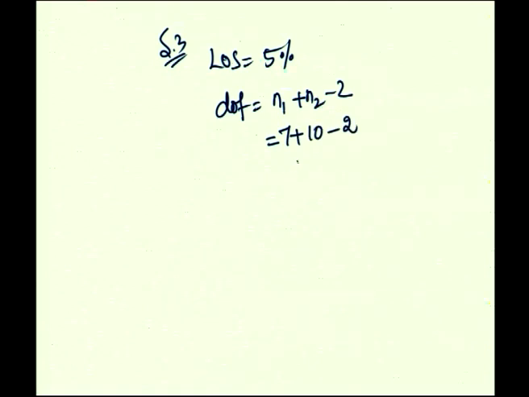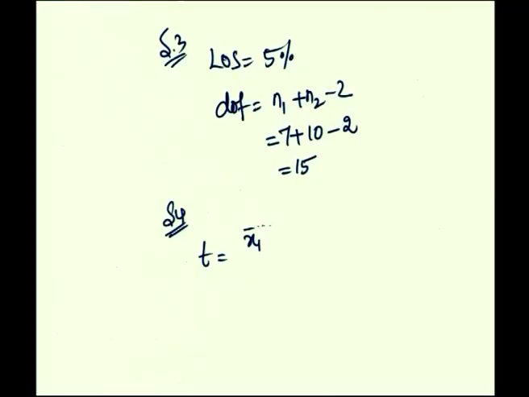So, n1 plus n2 minus 2 gives you 7 plus 10 minus 2, which is equal to 15 degrees of freedom. Step 4: we now calculate x1 bar, x2 bar, s1, s2, and then s, so that we can calculate the t value.